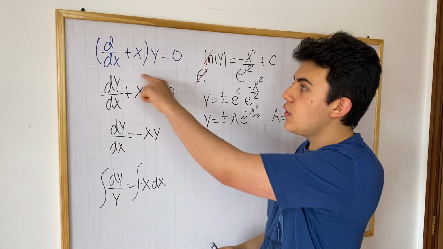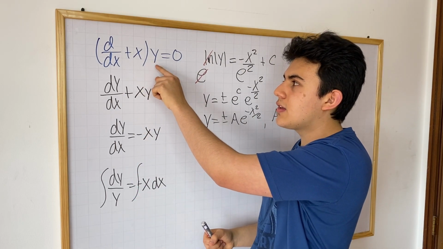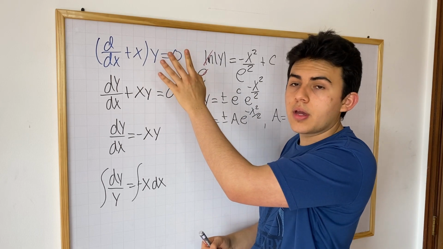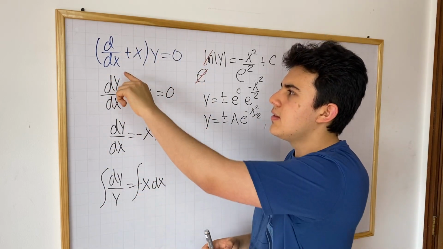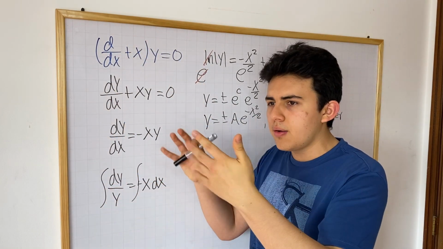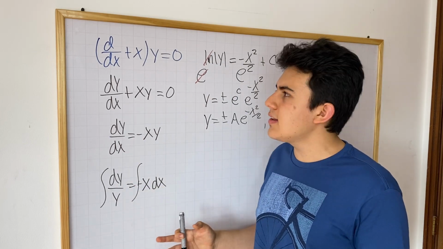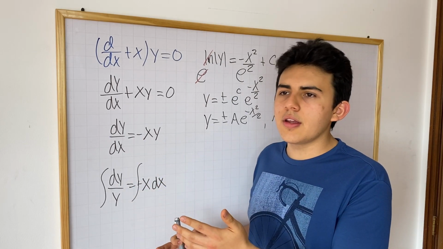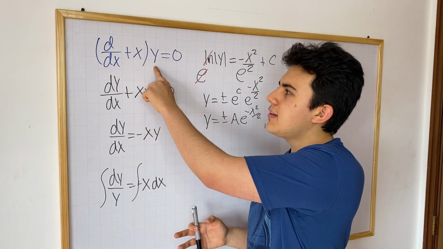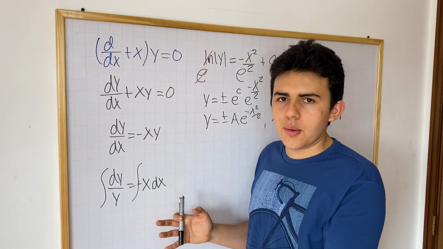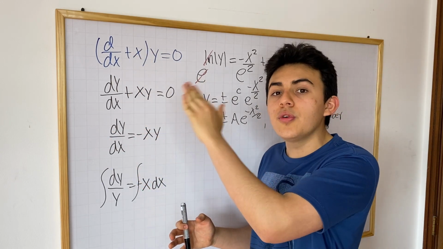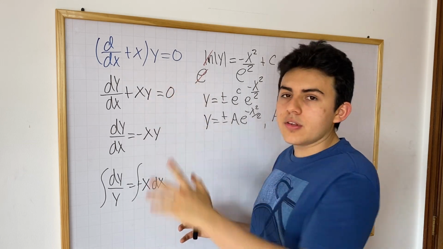If you look at this equation, you can see that if you plug 0 for y, you're going to get 0. It doesn't matter how complex this annihilation operator is and how fancy quantum mechanics is. If this equals 0, it's just going to be 0, so this differential equation would be satisfied by y equals 0.